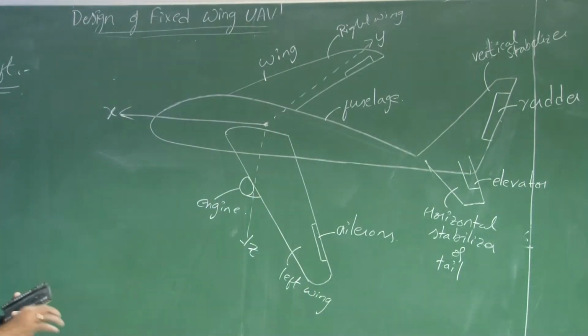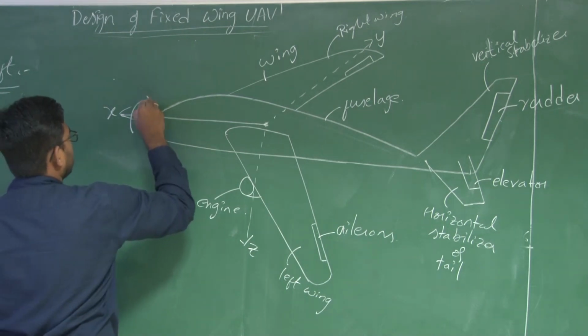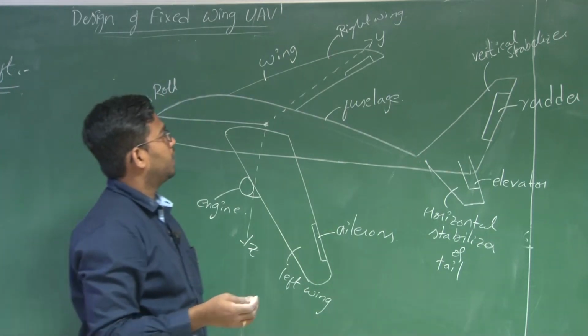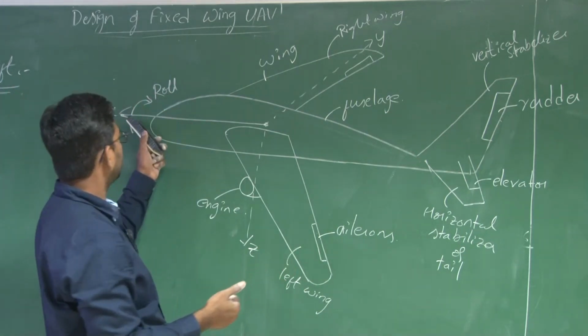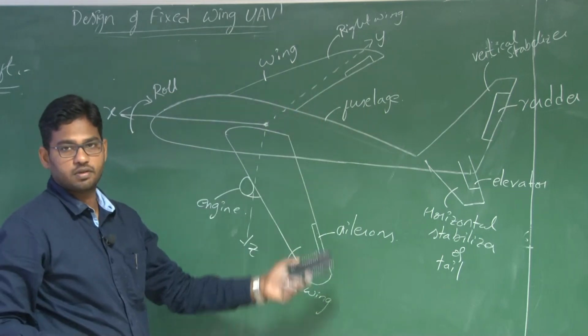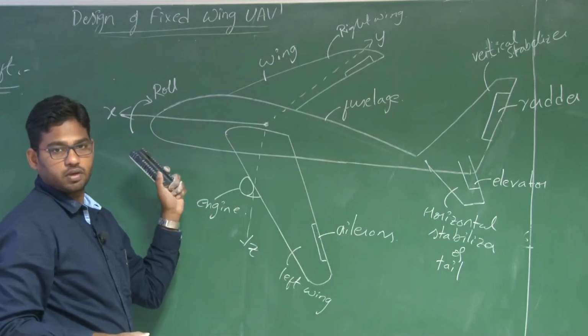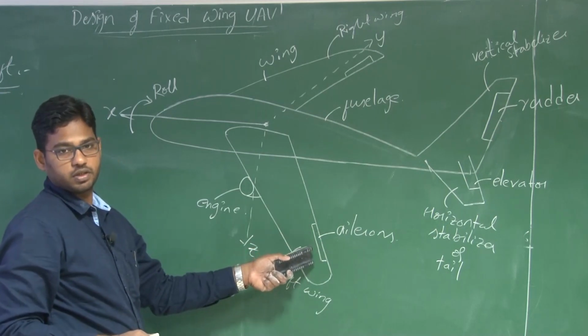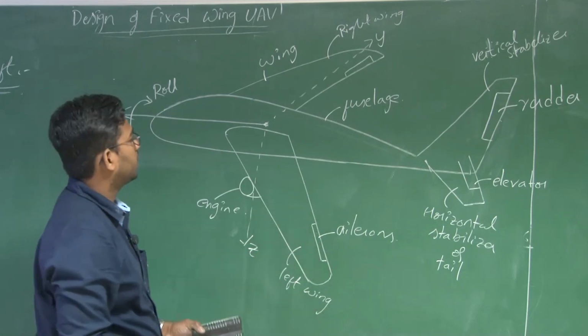So the right wing going down is a positive roll. This roll is controlled by the ailerons. You can control the rolling motion by deflecting the corresponding control surfaces called ailerons here.